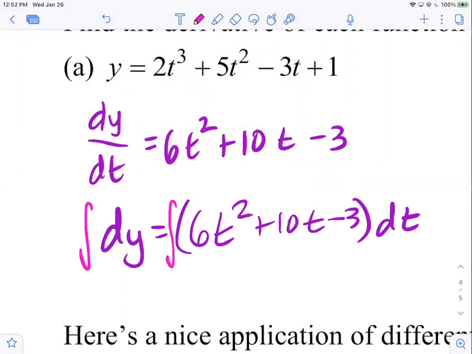I have to take the antiderivative with respect to a single variable. So once I separate them, these become like bookends. I have the integral with respect to y, and I have the integral with respect to t, okay? That'll make more sense later on, but we have to be able to separate the variables.